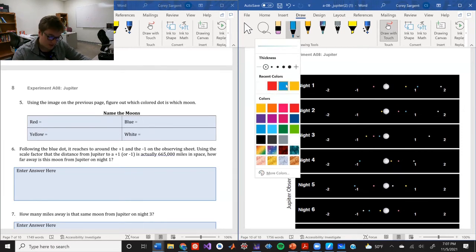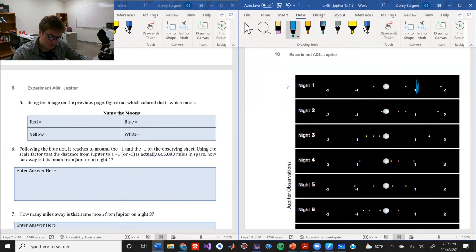It's telling us that the blue dot gets around this ±1, and that this distance from Jupiter to the number 1 is our scale here. That distance is actually 665,000 miles.